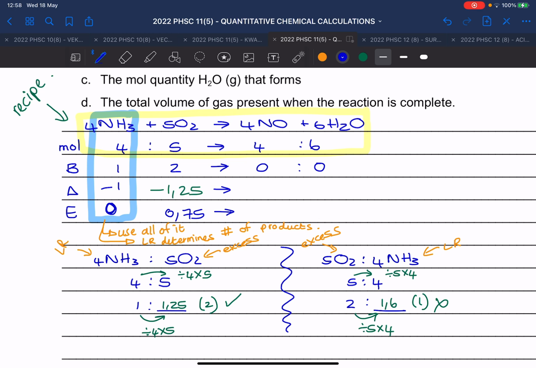Then this will determine how much will form. So if this ratio is 4 to 4, but I don't have 4, I have 1. How much will form here? 1. So you're going to say plus 1. So you had 0, you added 1, so you have 1 left.